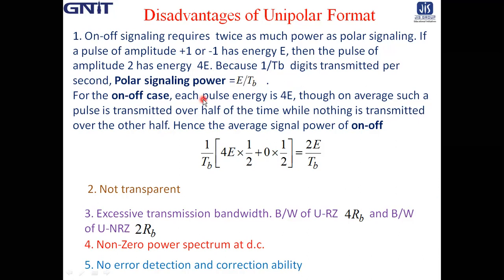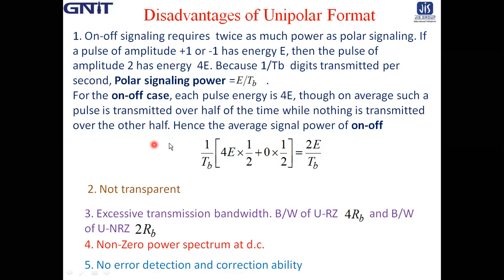each pulse energy is 4E. Though on average, such a pulse is transmitted over half of the time, while nothing is transmitted over the other half.